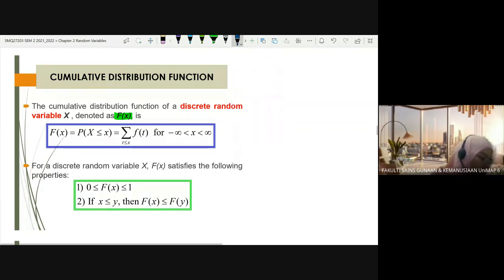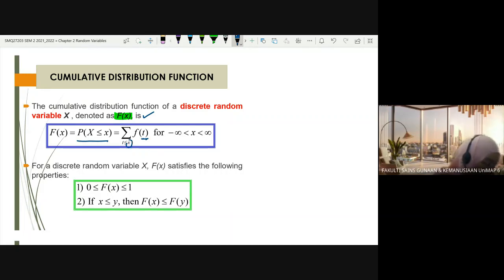This capital Fx is actually taking the probability distribution that we have seen just now, and we can find it by summing all the values of that particular function in terms of t, where t is taking the value of x.